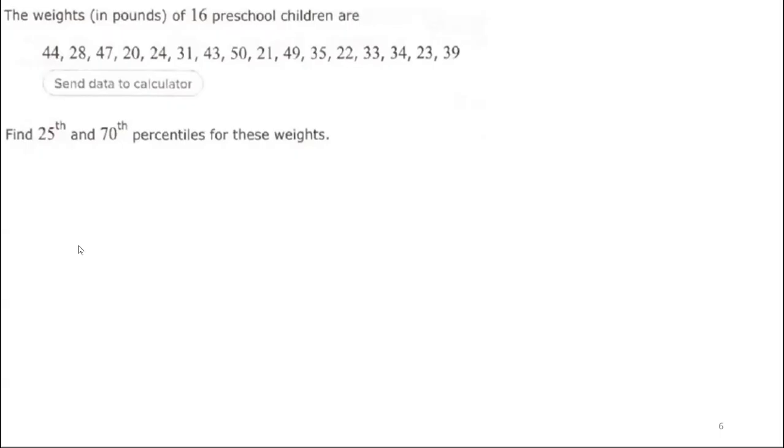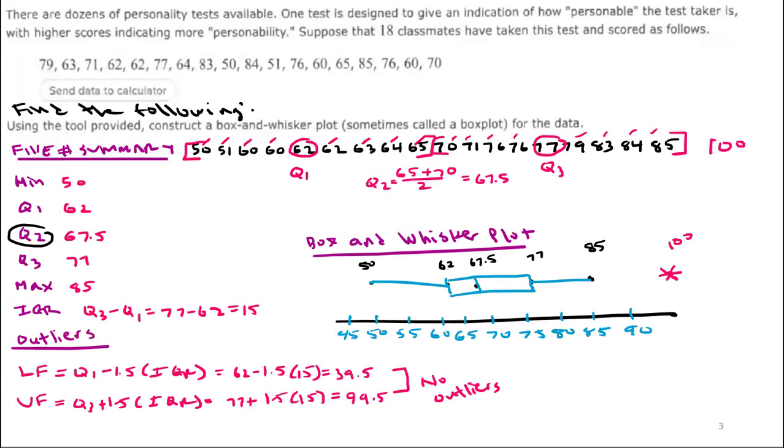That's our Q1. So in fact, you know what? Let me go back to our previous problem and explain something real quick here. The reason why they're called quartiles, right? Think about a dollar. How many quarters are there in a dollar? There are four quarters. So this box and whisker plot is broken up into four parts, or four quarters.